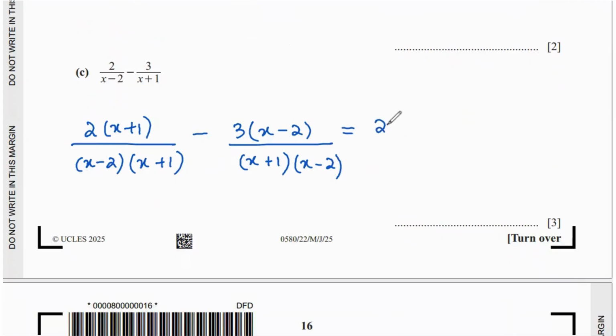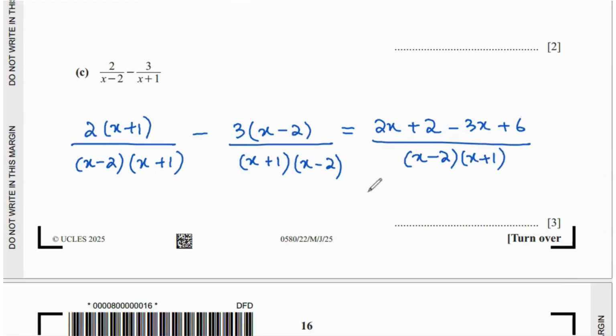So that's 2x plus 2, I'm expanding the bracket, minus 3x plus 6 over x minus 2 times x plus 1. Negative x plus 8 over x minus 2 times x plus 1 is our final fraction.